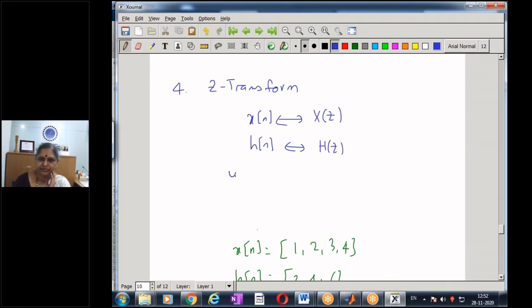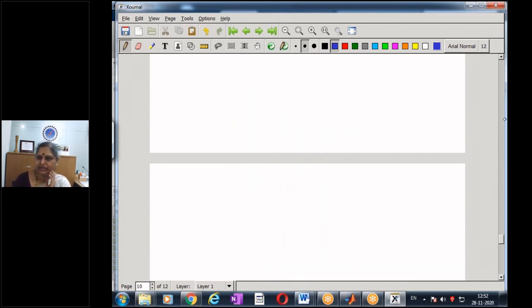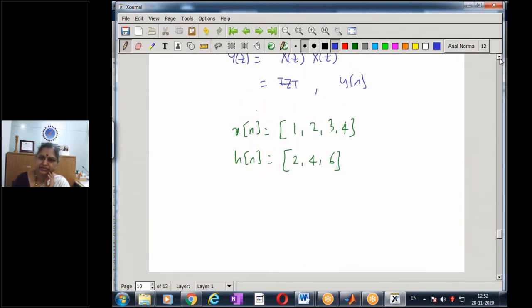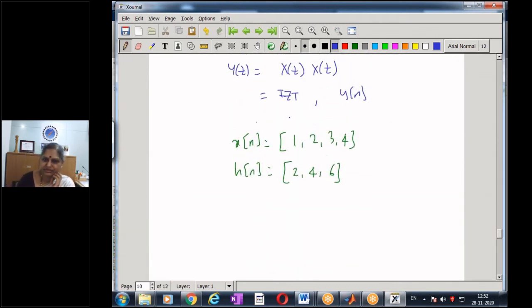Then my output Y of z is given by X of z into H of z, and then I do the inverse Z transform of Y of z, and I get my convolved sequence yn, the convolution sum. So let's use the Z transform to compute this convolution sum.